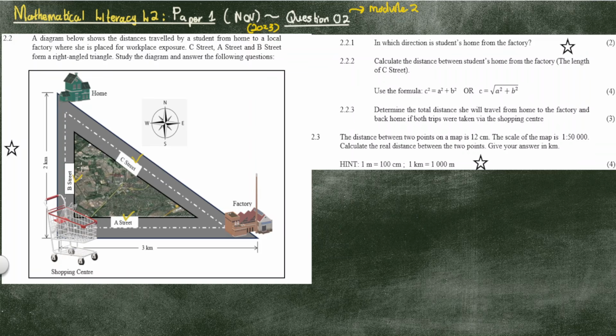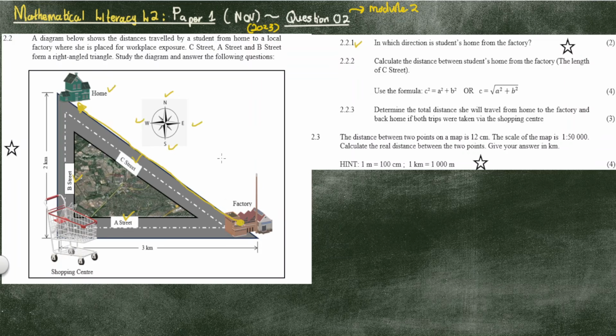In which direction is the student's home from the factory? This is the home from the factory, so it's from factory to the home. This is the arrow. The arrow is pointing from factory to home. In which direction? So we are given our cardinal points. We are given a compass now, right?